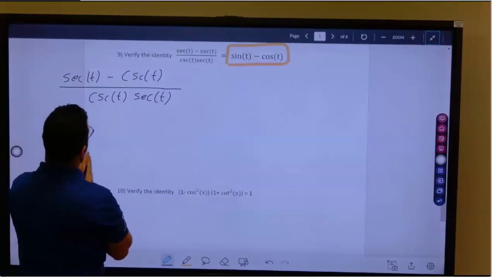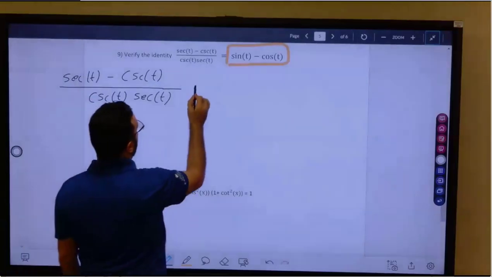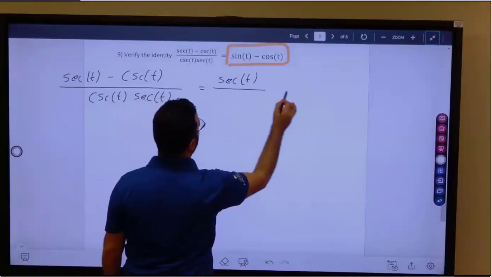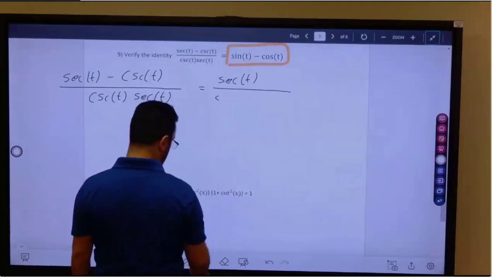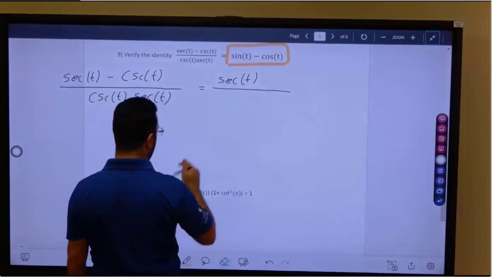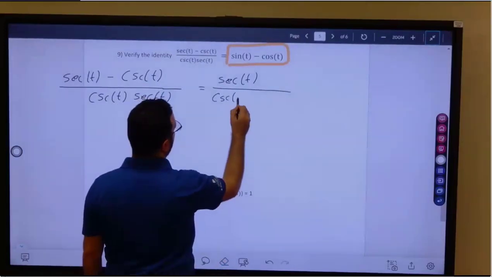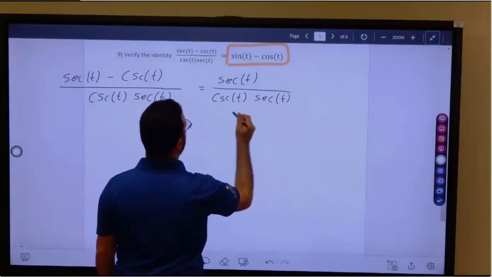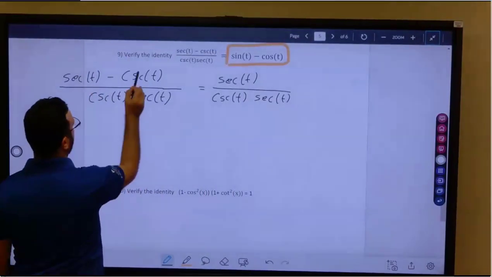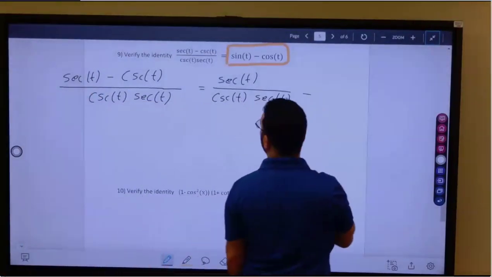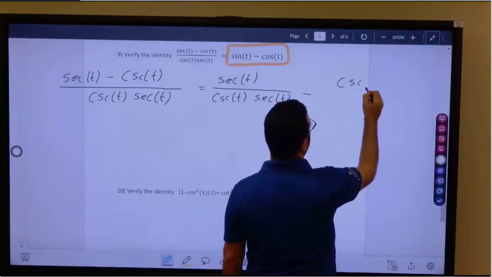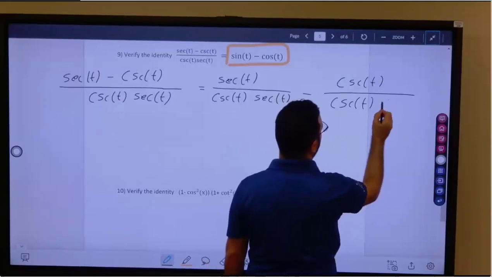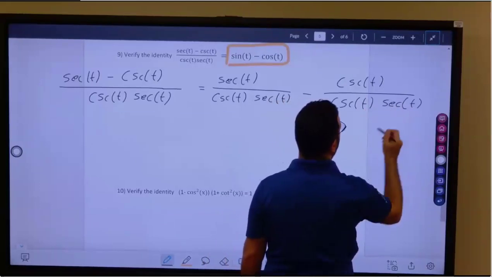So if it's the same denominator, that means I can write it as secant t divided by cosecant t secant t, because this is the denominator for this part and for this part. And here's minus, I can say this is cosecant t divided by cosecant t secant t.